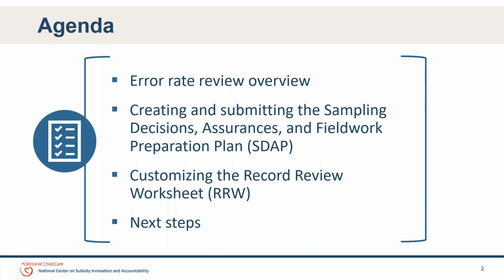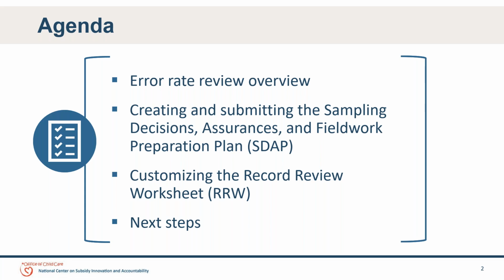And we do have a full agenda today for the next hour. We're going to start with an overview of the error rate review. That's especially geared towards those of you who might be new to this process. And I would like to walk you through how to create the first two submissions for the error rate.